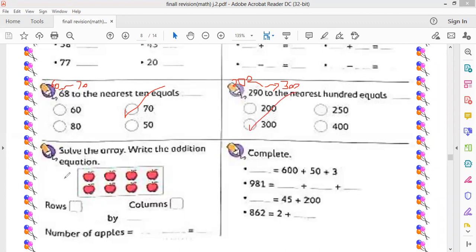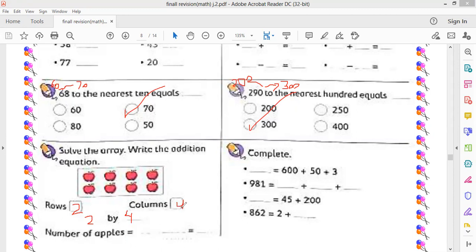How many rows here? 2. And the columns? 4. Excellent. So this array is what by what? 2 by 4. And to find the number of apples or the total, we write the addition equation.